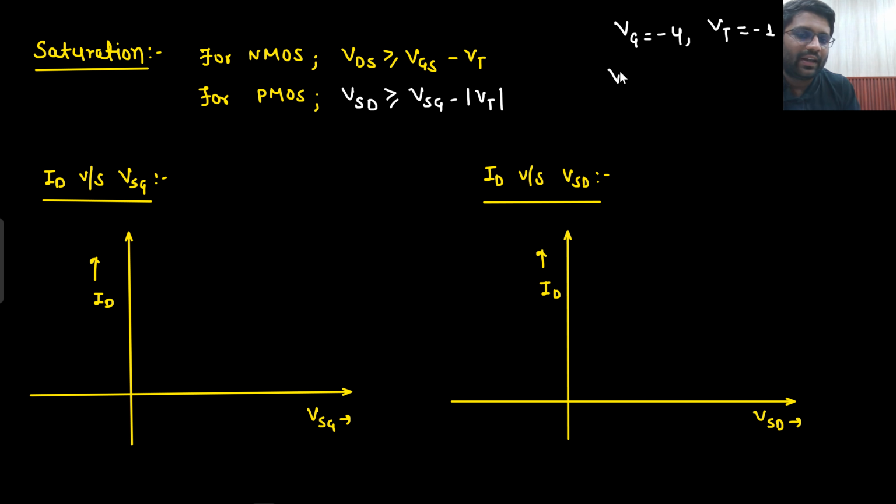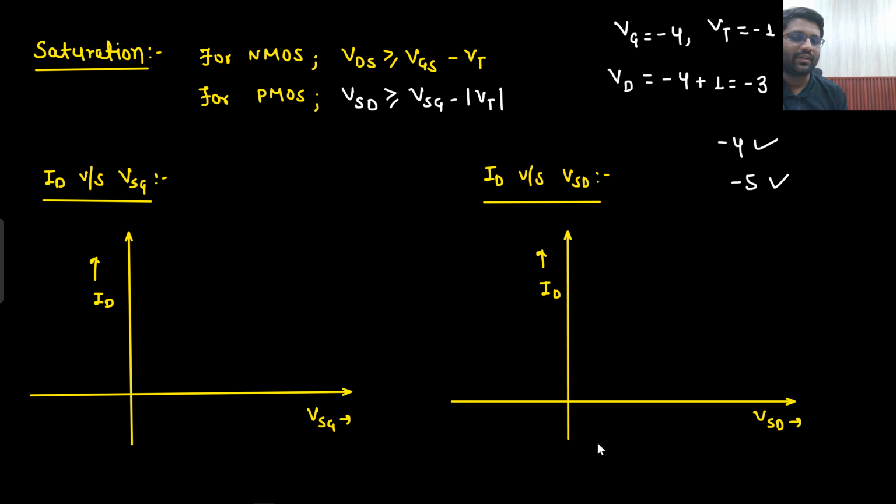So what should be your drain voltage such that you will get into the saturation mode? That would be 4 minus 1, and the minus sign would also be outside. So basically minus 4 minus of 1, so that would be minus 3. So if I apply anything less than minus 3, if I apply minus 4 as well, then also I will be in saturation. Minus 5 as well, I will be in saturation.